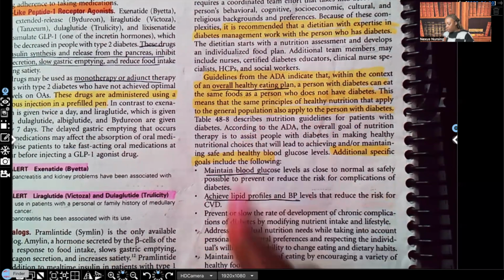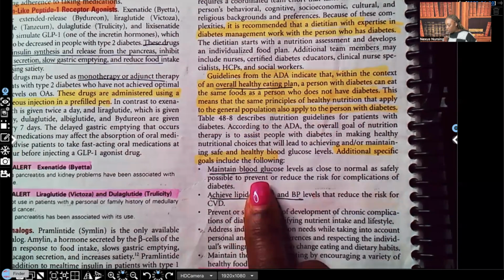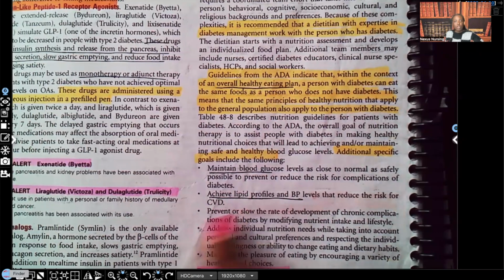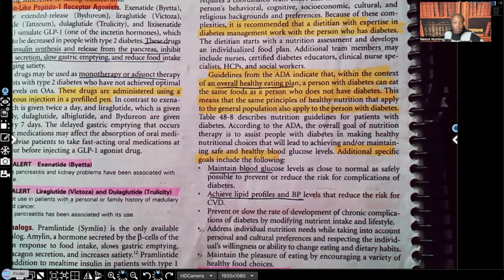Some additional specific goals: you want to maintain the blood glucose levels as close to normal as possible. Achieve lipid profiles and blood pressure that reduce the risk of cardiovascular disease, because diabetes itself is a risk factor for heart disease. So we want to make sure that we have that cholesterol in check. We want to make sure that we have that blood pressure in check.